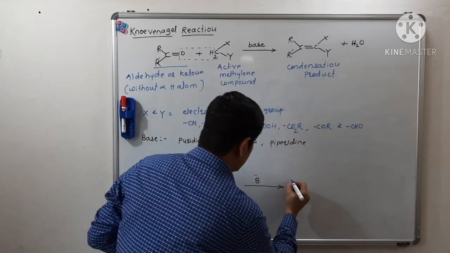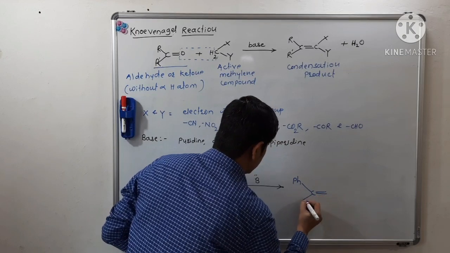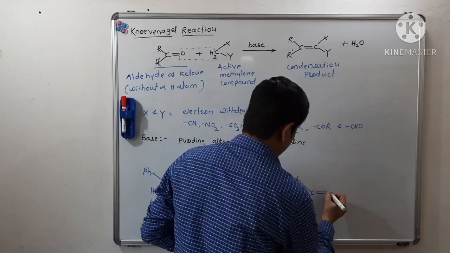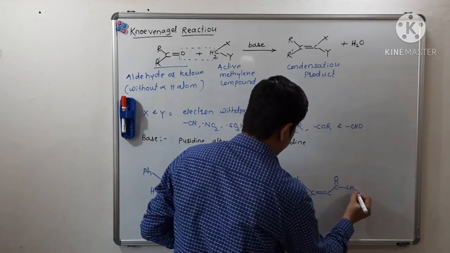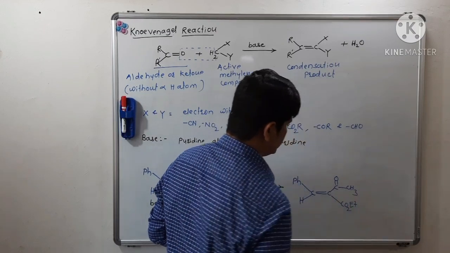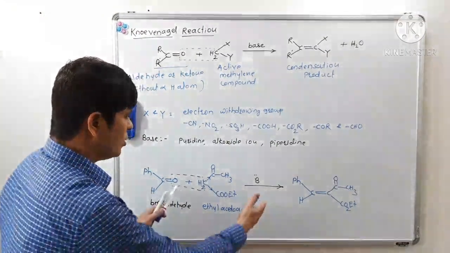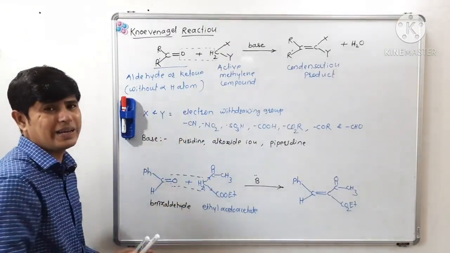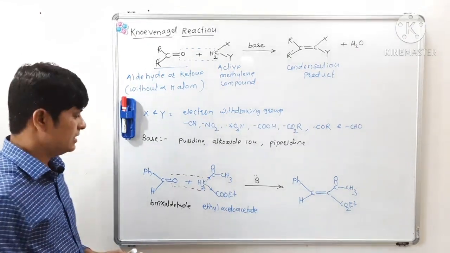So there will be a formation of such kind of condensation product. This condensation product will form in this reaction. So this is the example of Knoevenagel condensation or Knoevenagel reaction.